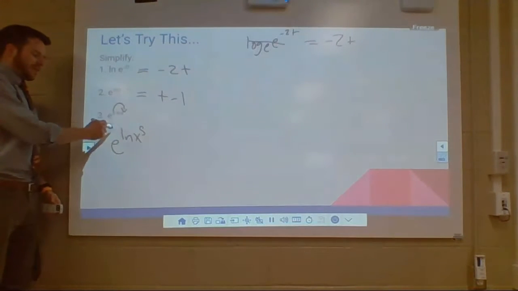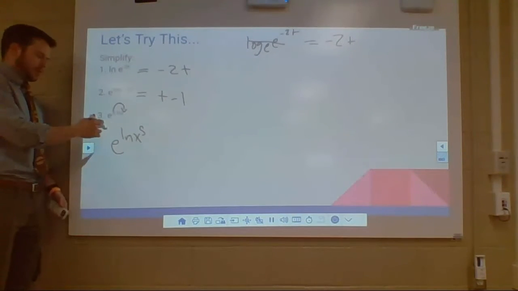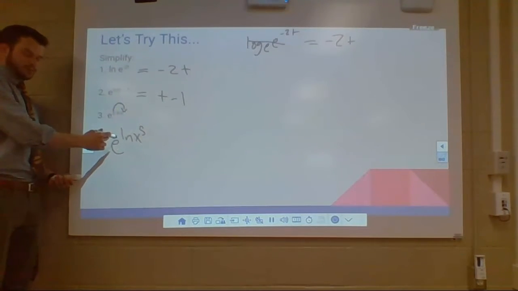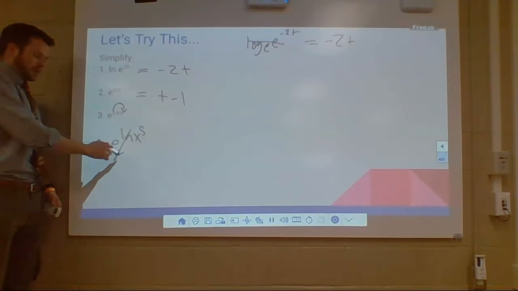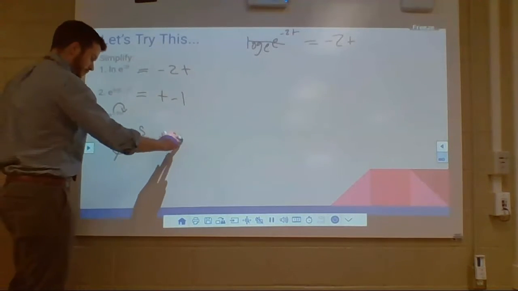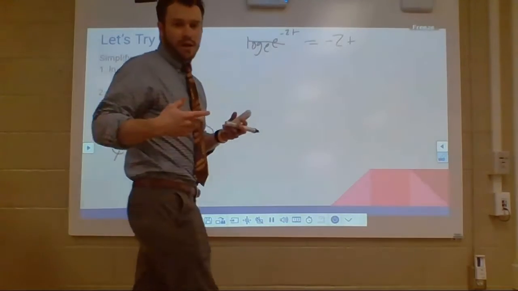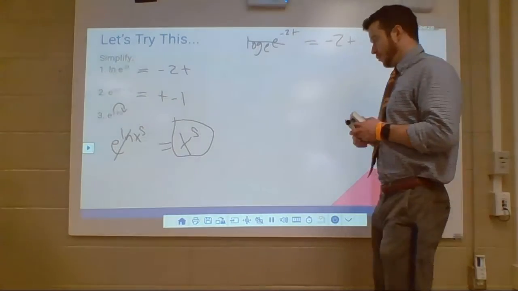So now I've gotten that 5 out of the way. It was blocking me from being able to do anything, but now we've gotten it out of the way. So what's going to happen now? That's right. The e and ln are going to end up canceling out, and we're just left with x to the 5th. We're going to end up applying some of these properties as we work some problems moving forward.